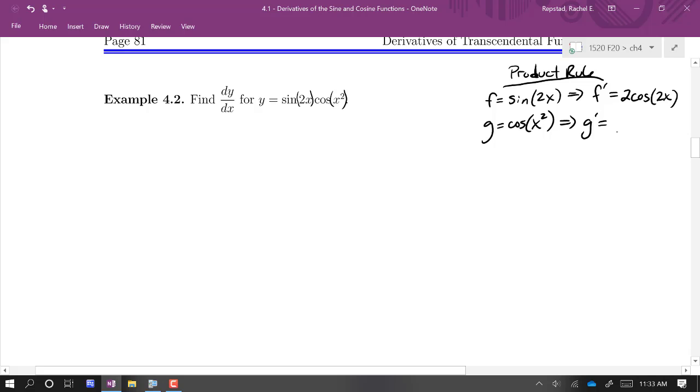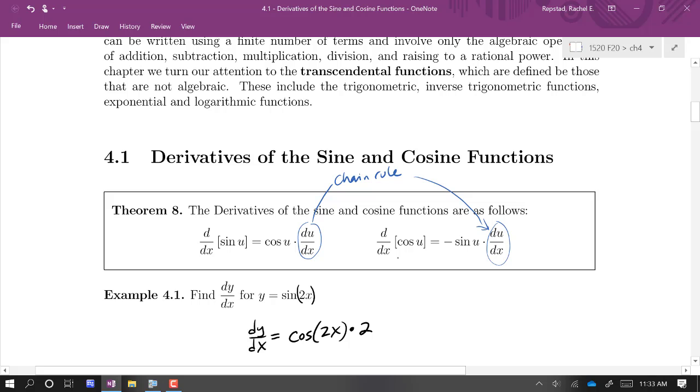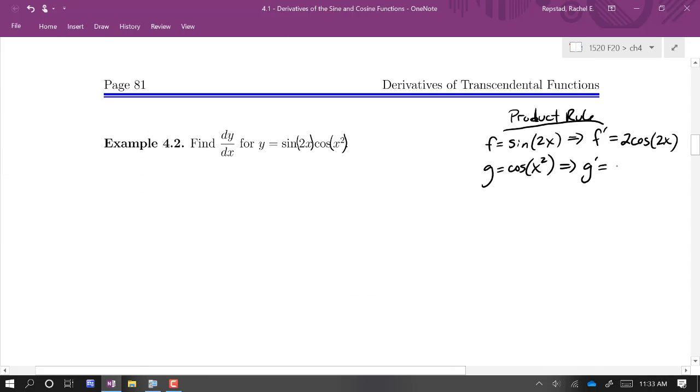So g prime, now I'm going to use this second formula. The derivative of cosine is negative sine, so negative sine x squared. And now the chain rule says I have to multiply by the derivative of x squared, and that is 2x. So simplifying a little bit, minus 2x sine x squared.